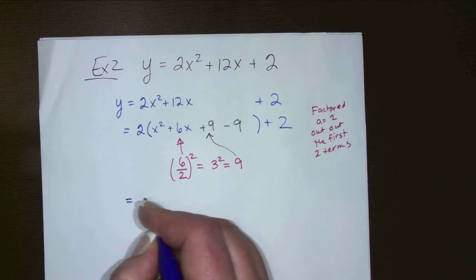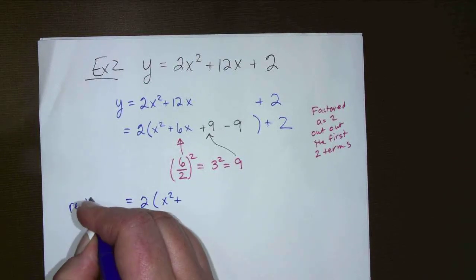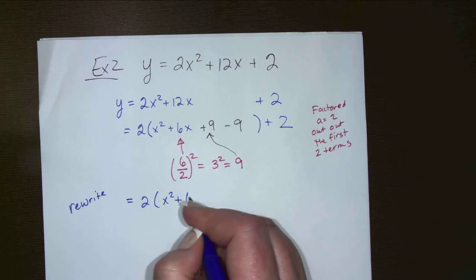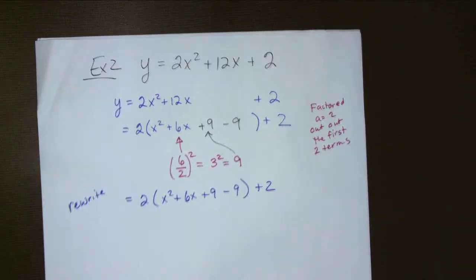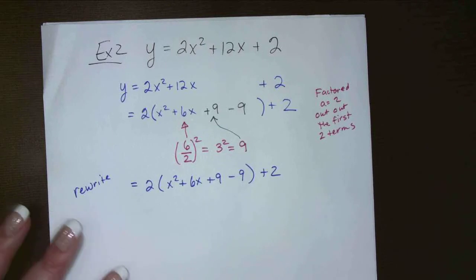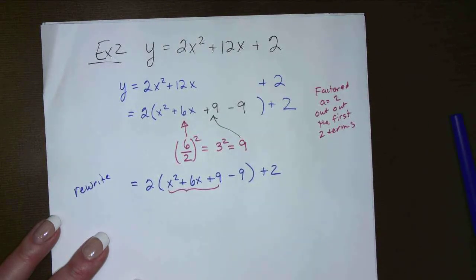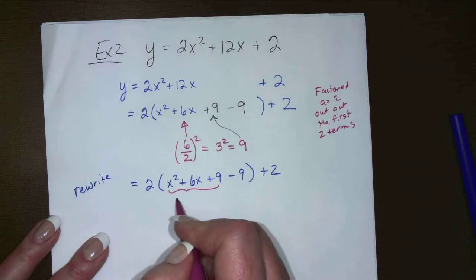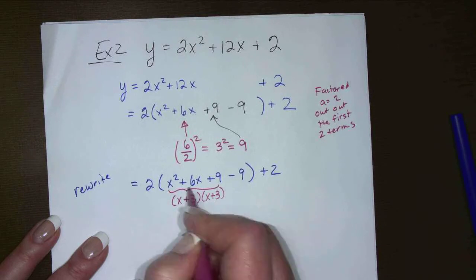I'm just going to rewrite it here. You don't have to rewrite it. I'm just doing it to make it a little bit easier to see. Okay, so what we do is take this first 3 and we factor it. It's a perfect square. What are the two numbers? 3 and 3? They multiply to give 9 and they add to give 6?